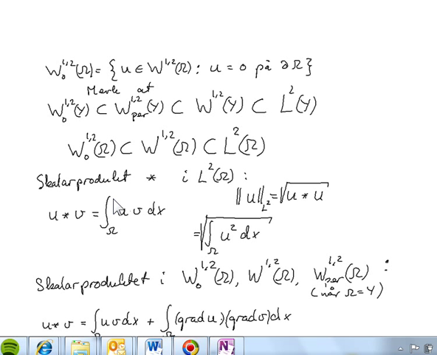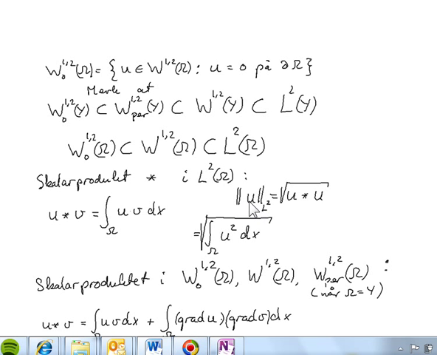What is the scalar product? The scalar product in L2 is defined in the following way. If you have a function u and you take the scalar product with the other function v, then this will be equal to the integral of u times v over this region omega.